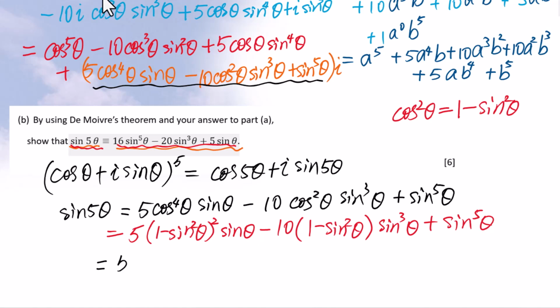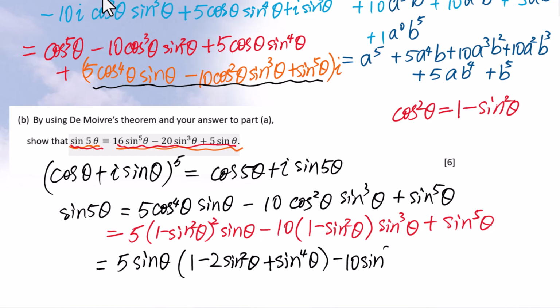Simplify: 5 sin θ times (1 - 2 sin^2 θ + sin^4 θ) minus 10 sin^3 θ plus 10 sin^5 θ plus sin^5 θ.